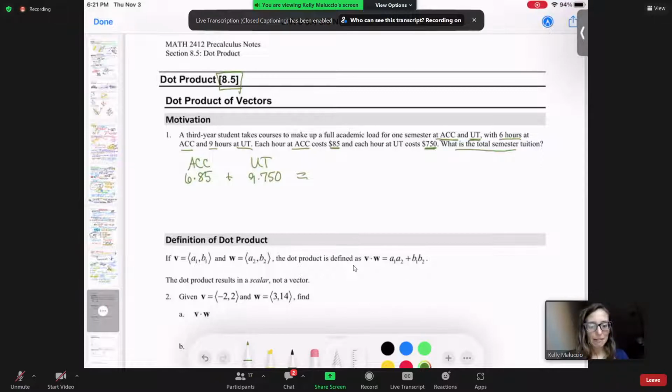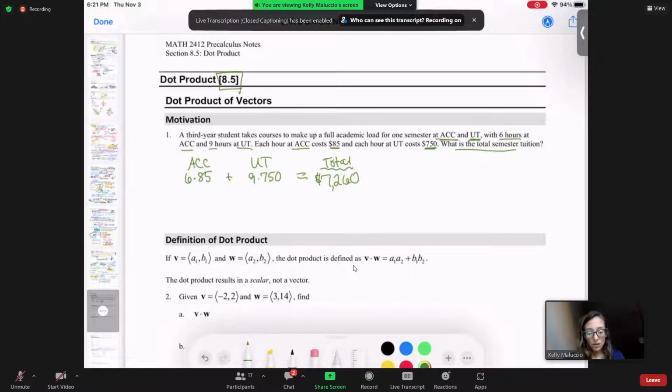And our total is going to be 6 times 85 plus 9 times 750, like $7,260, and this is just for tuition. So I guess maybe that's realistic. I don't know, maybe it is, 5 years ago.